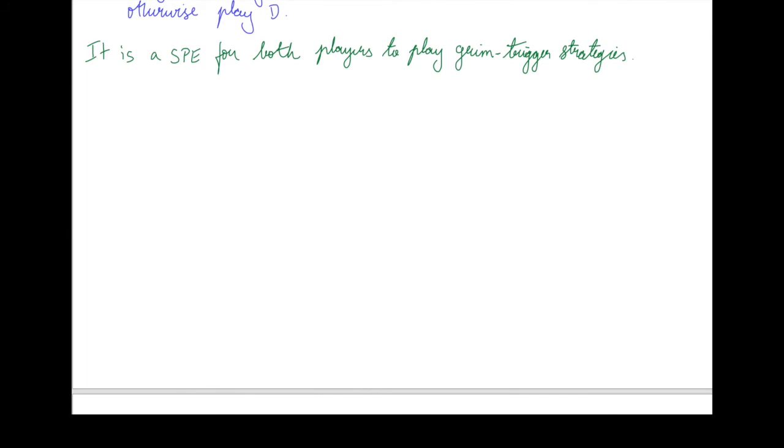We're going to express player i's payoff in period t in two parts. The first part is their payoff from period t, and the second part is the discounted continuation value.